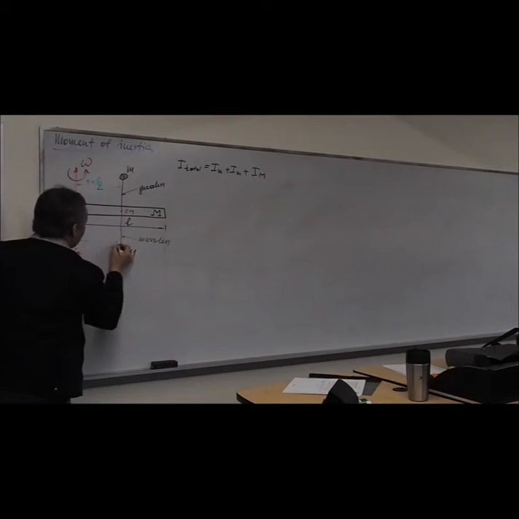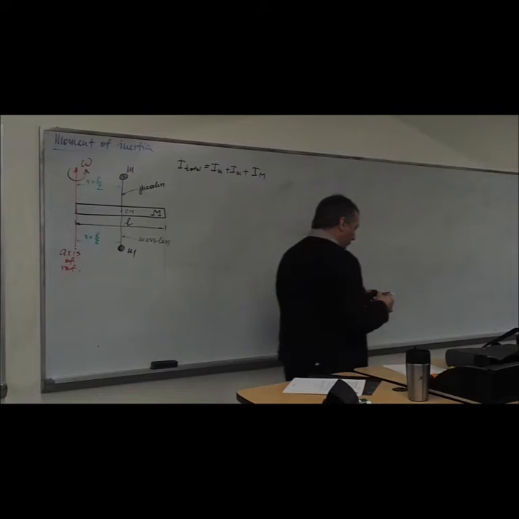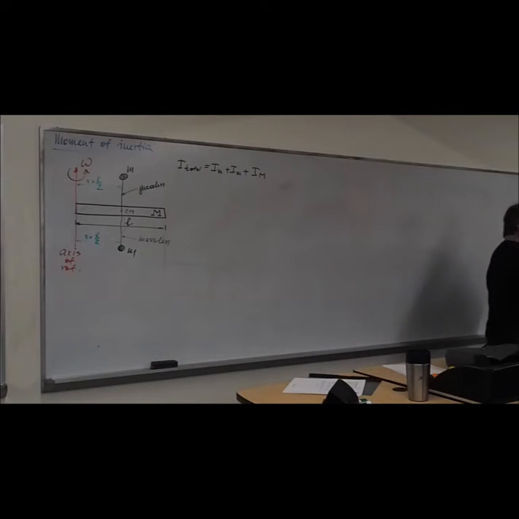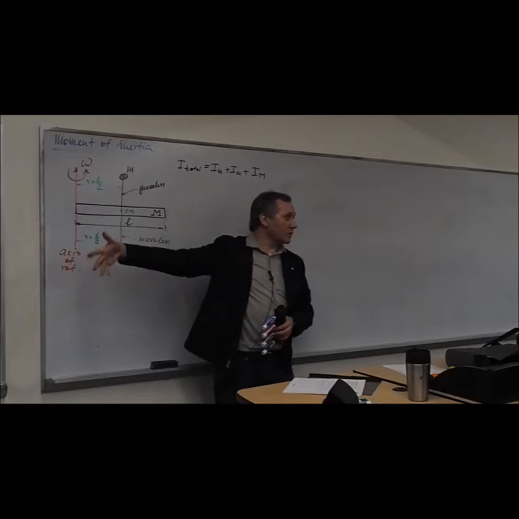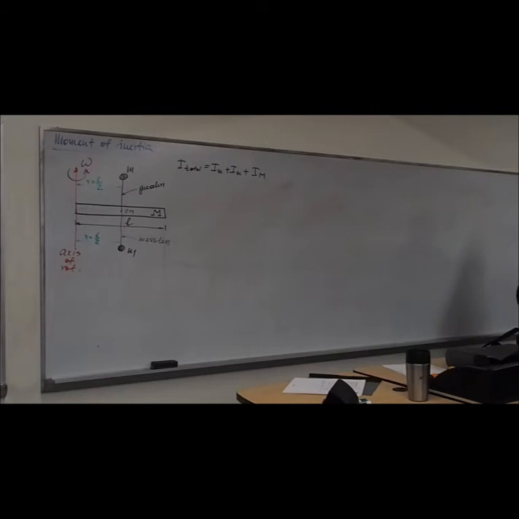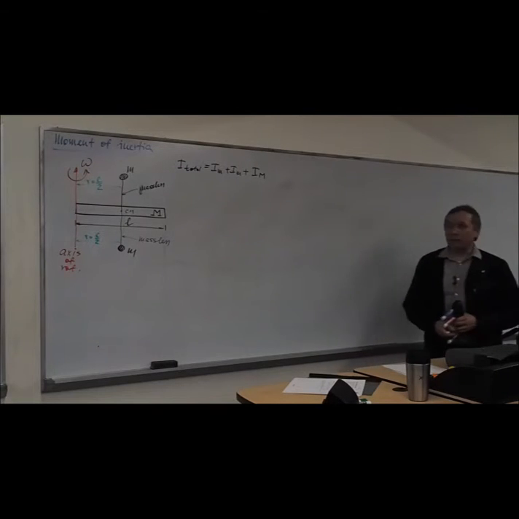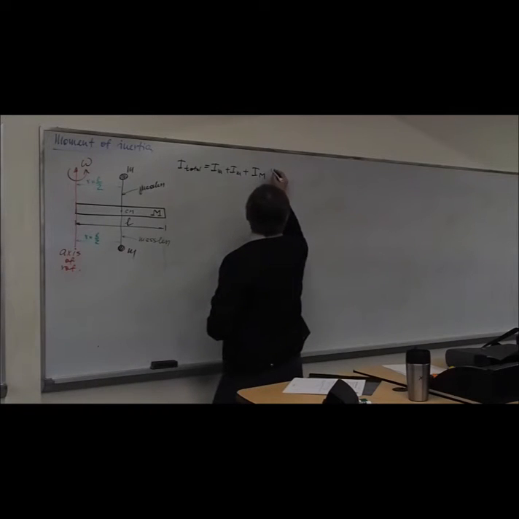And exactly the same story over here, R equals L over 2, for these two masses. So the contribution to the total moment of inertia will be exactly the same for both of these masses. Although one is positioned over here and the second over there, relative to the axis of rotation they are under exactly the same conditions.